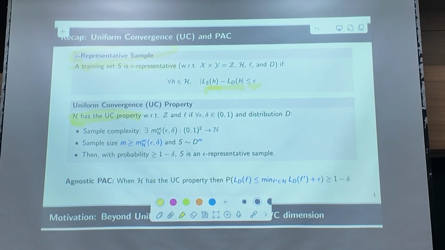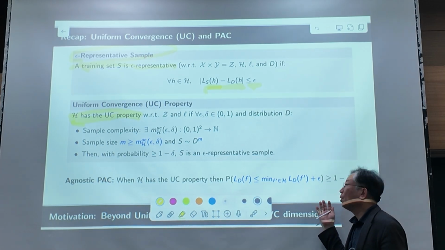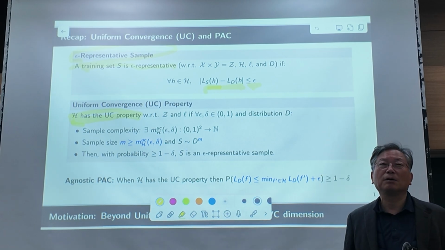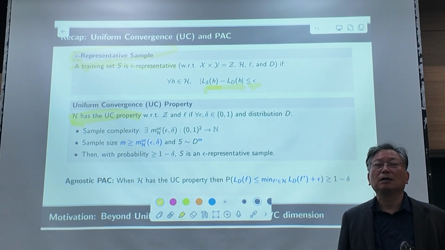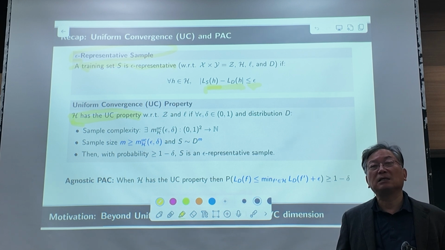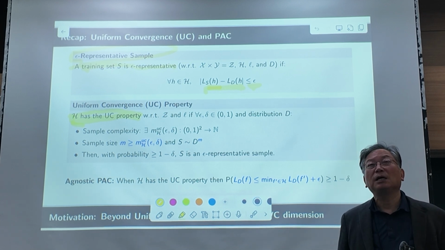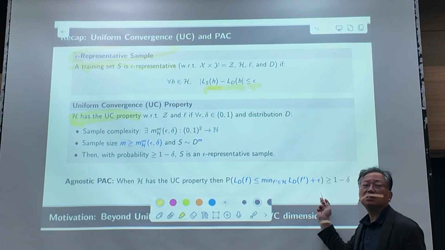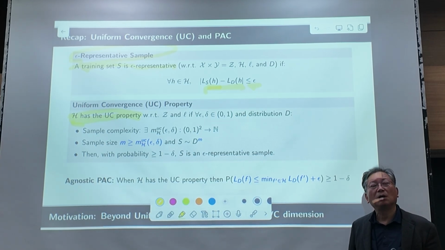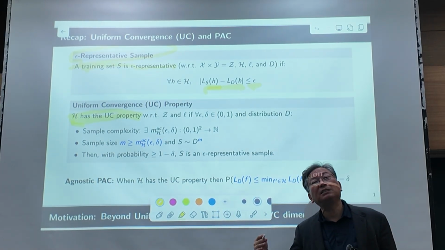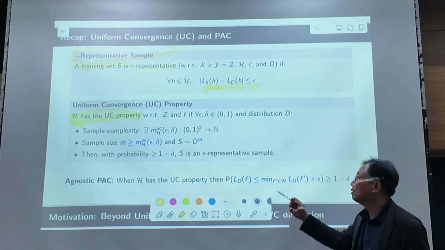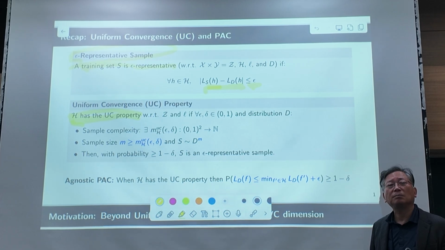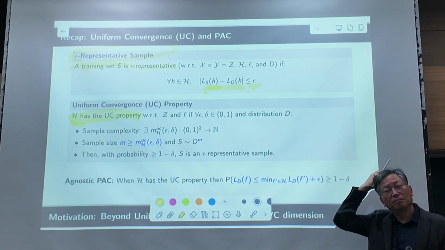And we also related this to VC dimension. We learned that if the VC dimension is infinite, then this is not going to hold. Only for finite VC dimension is it going to be agnostic PAC learnable.